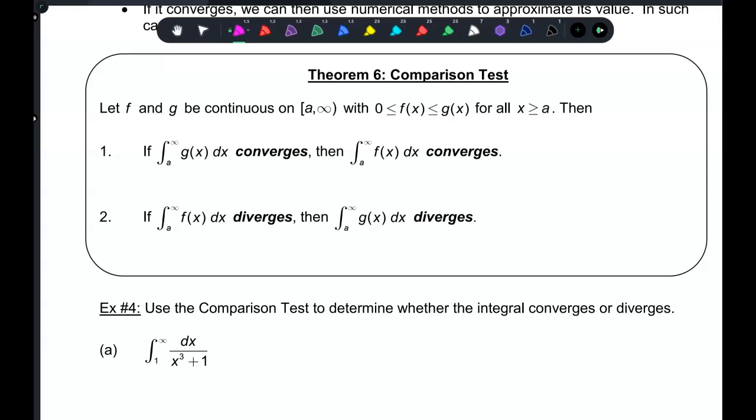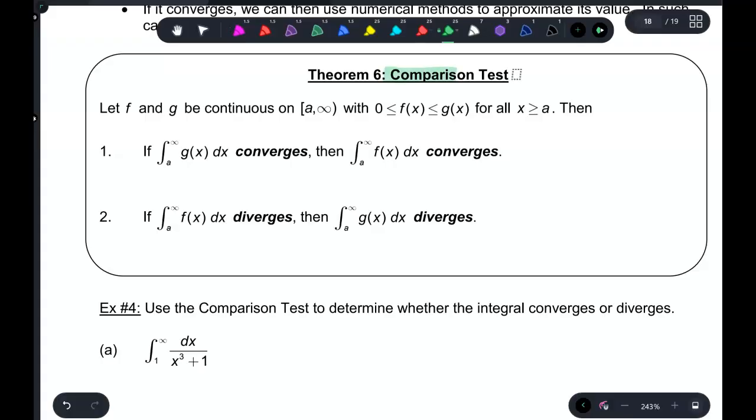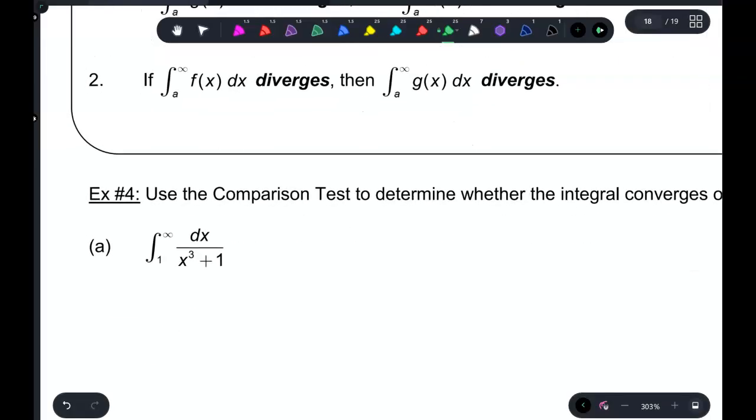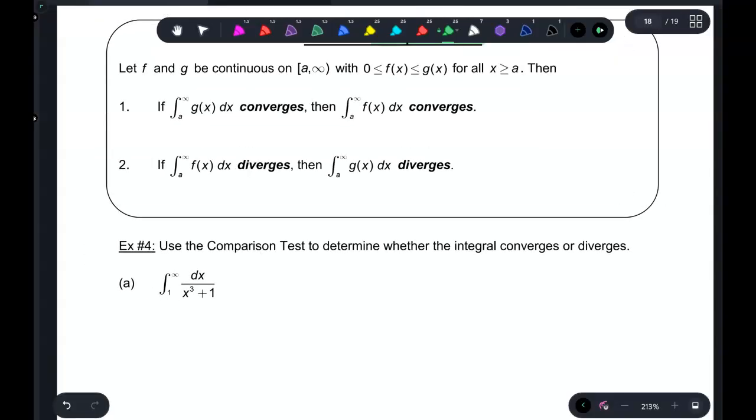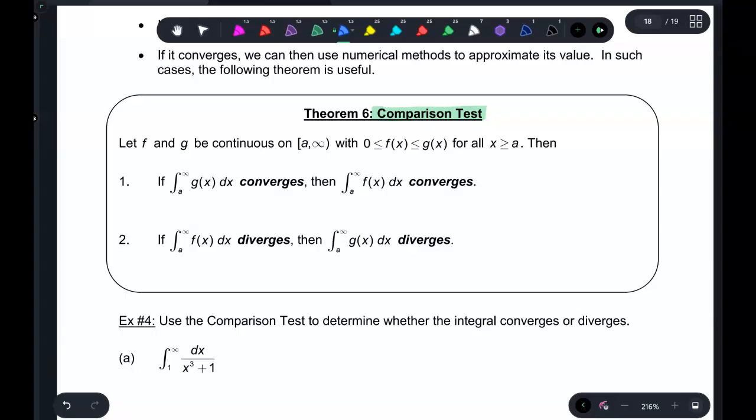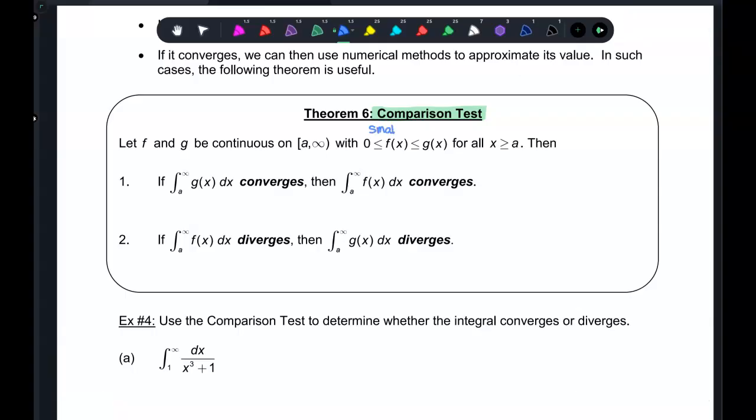And in the comparison test, the way it works is, let's say you know something to compare it to converges or diverges. So in other words, let's say f of x is a smaller function and g of x is the bigger one.